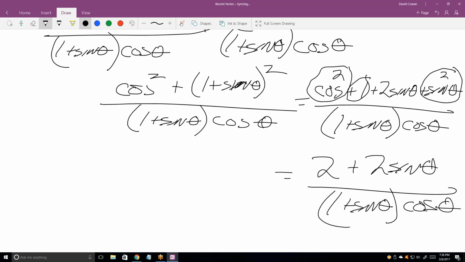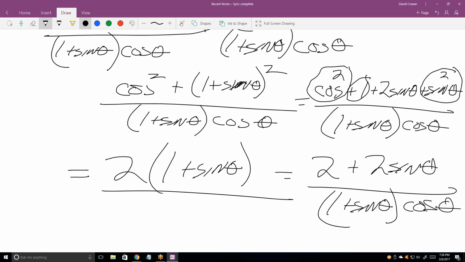I think this is going to convince you that you never want to distribute the bottom, because otherwise we wouldn't see this answer. Now I can factor out a 2 from the numerator, and I have 1 plus sine theta left over. Now in the denominator, I got 1 plus sine theta times cosine theta.